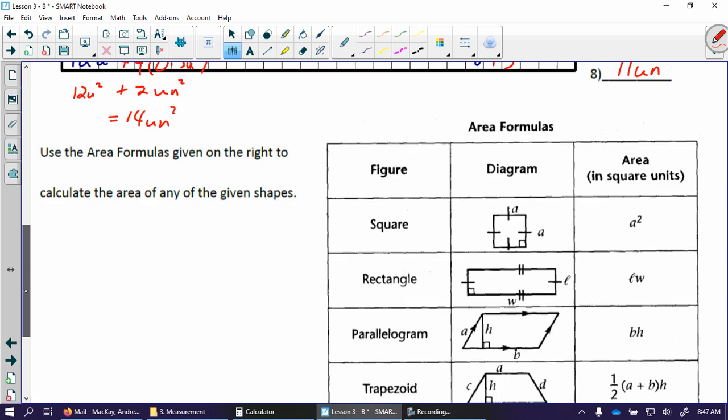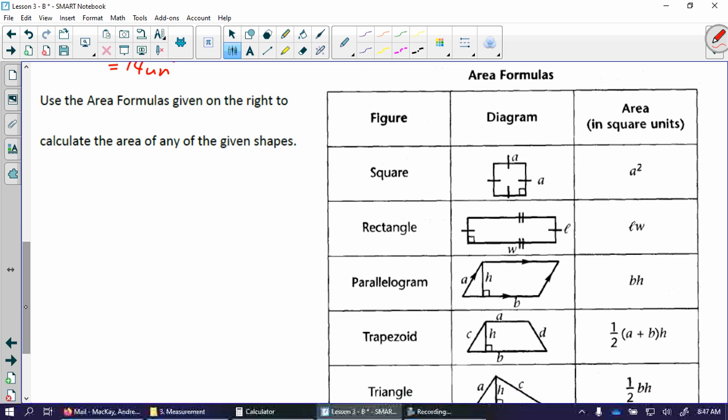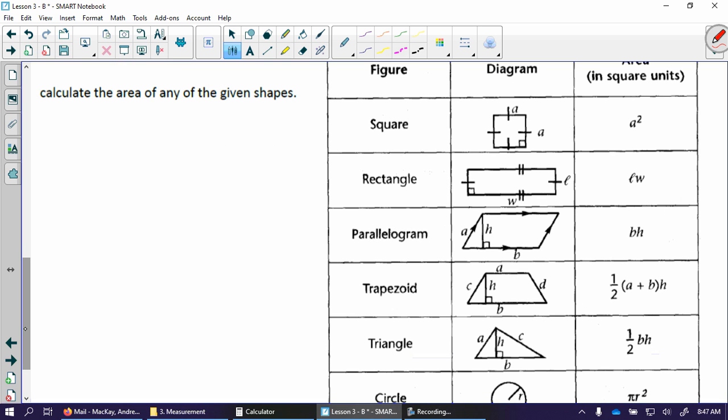When it comes to area formulas, there's formulas for the area of a whole bunch of shapes. A square is a four-sided figure with right angles, and all sides are the same. So for the side, you square the side length. A rectangle, the area is the product of the width and the length.